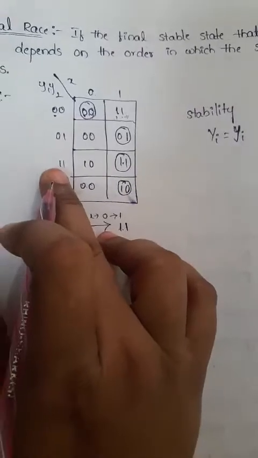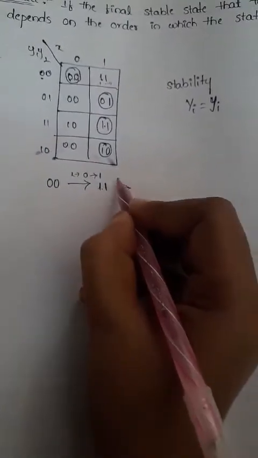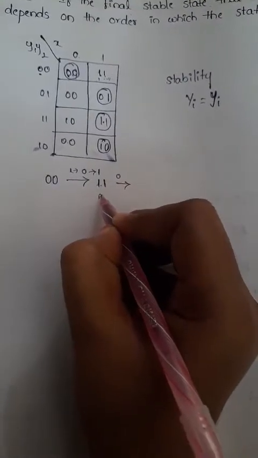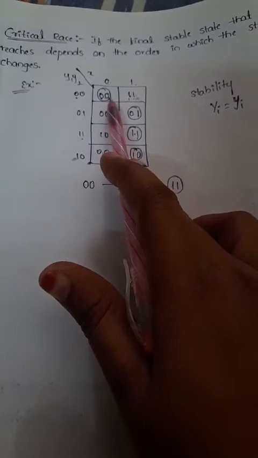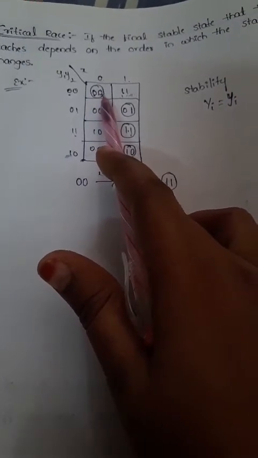Then this 1 1 will jump to the third stage. This 1 1 will act as the present state after some time. So this present state takes the transition from input 0 to 1, and then we'll get the stable state as again 1 1. Is it right? So in the first case, 0 0 acts as the present stable state.